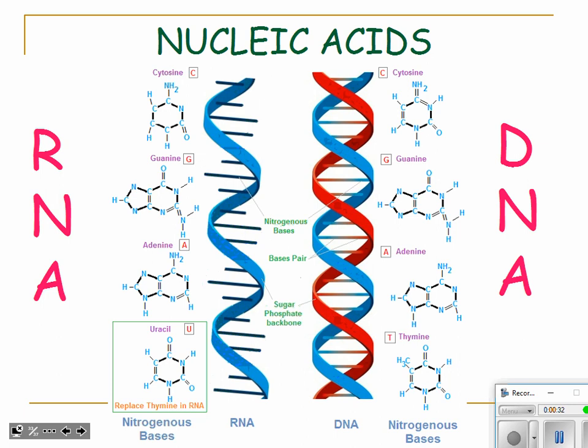What should we know? What are our objectives? Just like always, who can think of one of our objectives with nucleic acids? An example of a nucleic acid, right, there are two of them. What's another objective? We talked about polymers and monomers.